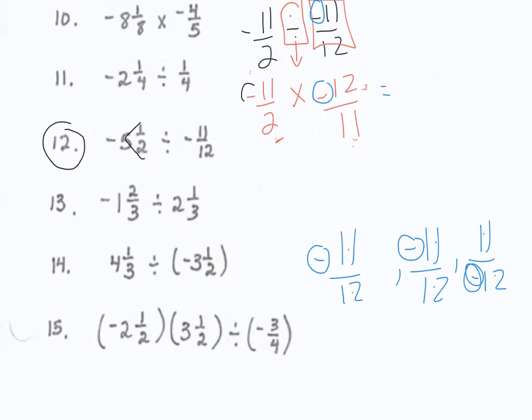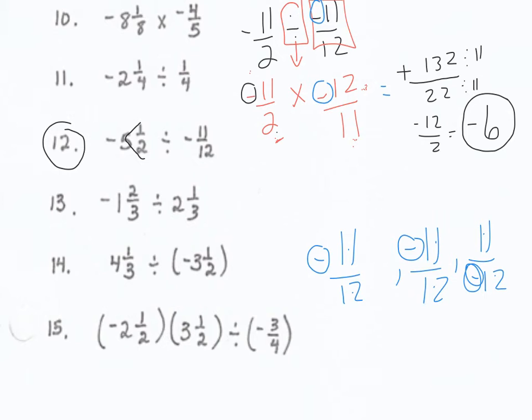A negative and a negative is a positive. 12 times 11 is 132. And then 2 times 11 is 22. I can divide both of these numbers by 11. So I'm going to get negative 12 over 2 again, which my answer is negative 6.